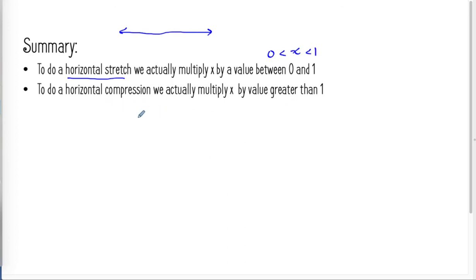To compress something, to move it in and compress it, we actually multiply by a value greater than 1. This one is often the hardest for kids to learn. But that's why if you just keep that horrible horizontal in mind and just do everything the opposite when we're working with an x value, it can be a really easy time.